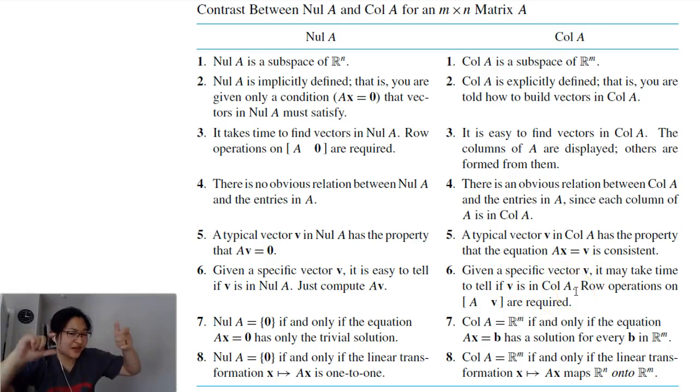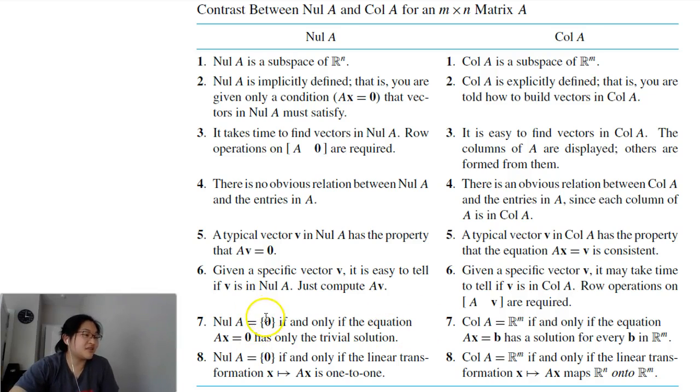So it's kind of like they're flipping what's more complicated. The null space is the zero vector if and only if you only have the trivial solution. The column space is equal to Rm if and only if we have a solution for every b in Rm.